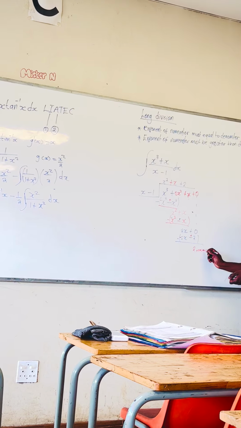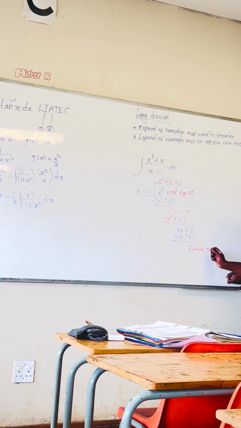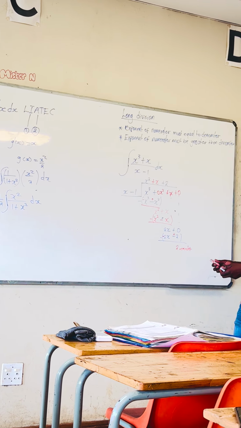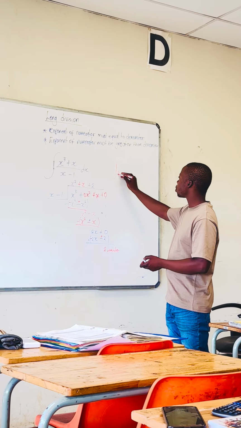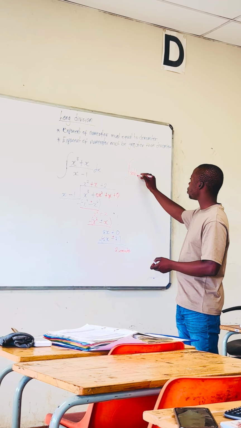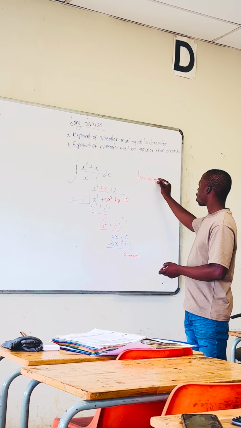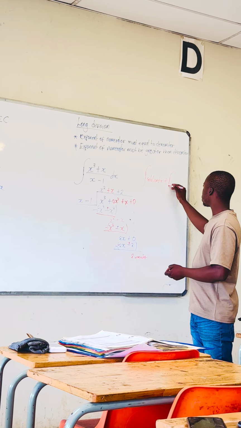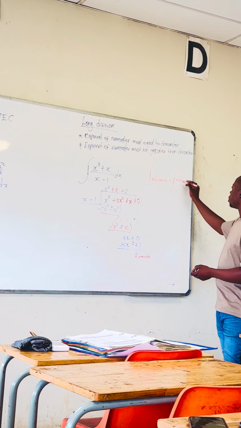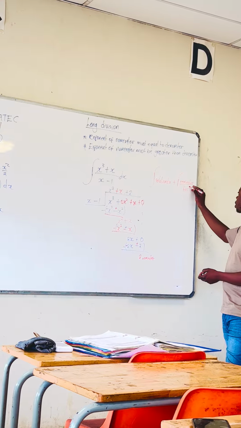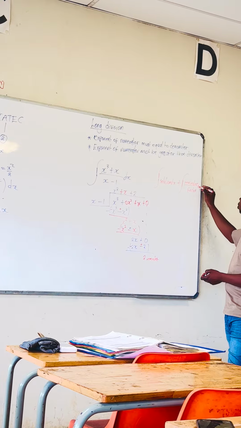So this is our remainder. So what is the formula to integrate after you have done your division? You're going to say it's the integral of the solution plus remainder divided by the divisor. So that's the formula that we need to use.